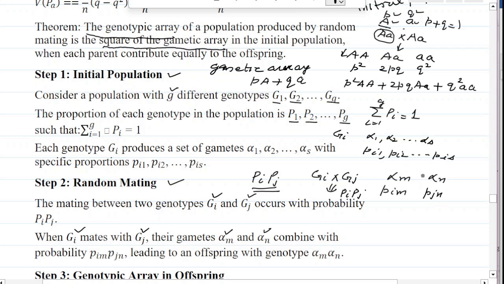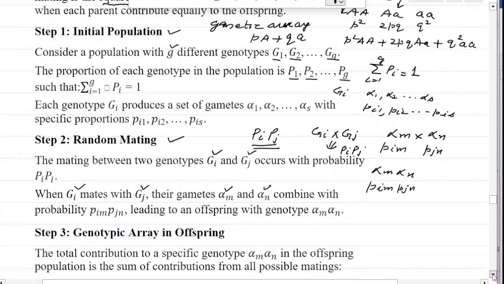When these gametes fuse with each other, the genotype produced will be alpha m alpha n, and their proportion will be Pim Pjn.